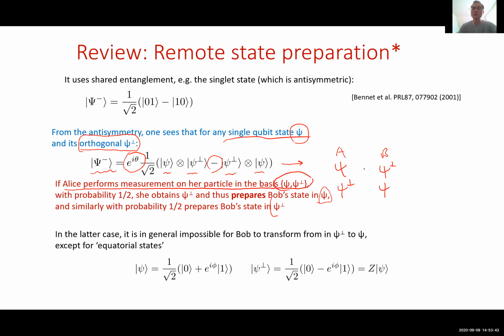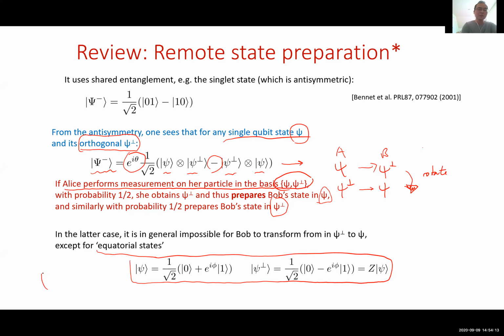It could be psi or psi perp. In general, it's not possible to have Bob rotate from psi perp to psi if you want to deterministically prepare a state, except when the state is in these so-called equatorial states. Remember, these are states that, if you write them in terms of the Bloch sphere, lie on the equator.